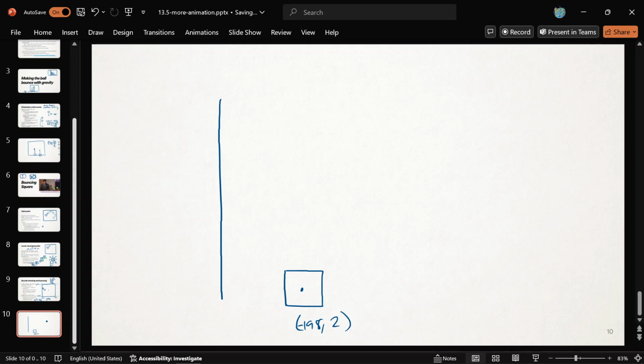And let's say that our direction is move negative 2 in the x direction and up 3 in the y direction. So we're moving this way, and in the next frame, we're going to hit the wall, aren't we? Because we go over negative 2 and go up 3.